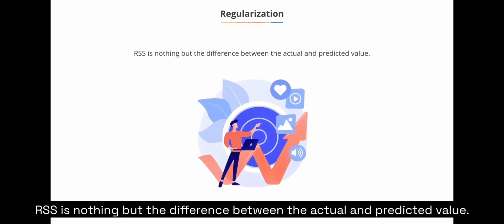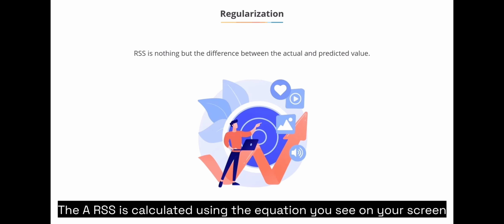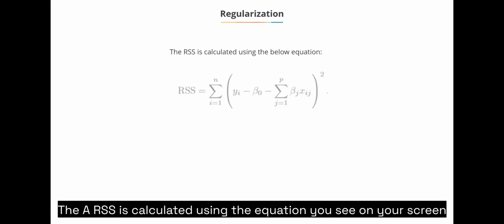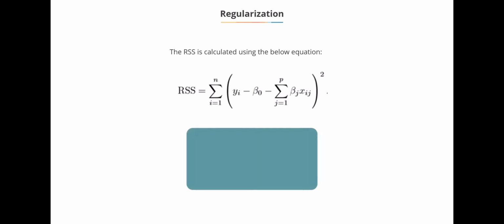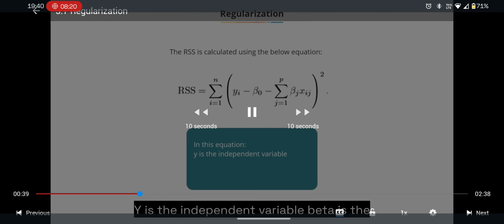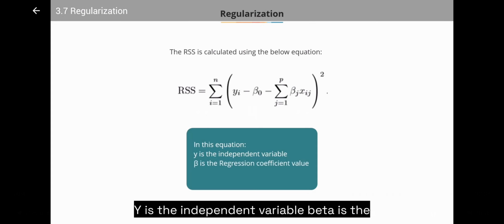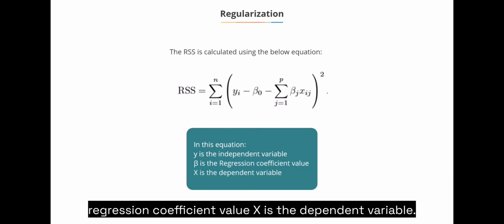RSS is nothing but the difference between the actual and predicted value. The RSS is calculated using the equation you see on your screen. In this equation, y is the dependent variable, beta is the regression coefficient value, and x is the independent variable.